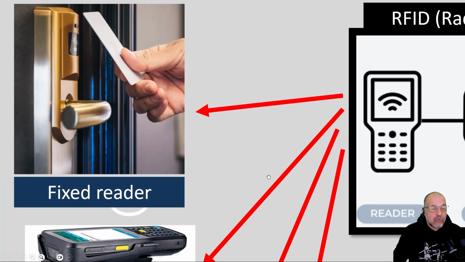So over here, we've got a fixed reader. Normally we find things like this in, let's say, hotel rooms or access to doors or entry systems, where you are given a plastic card, and inside the plastic card, it's got embedded an RFID chip with its antenna. When you place it close to the RFID reader on the lock, this lock is actually transmitting a small radio wave, so the RFID has to be quite close to it.